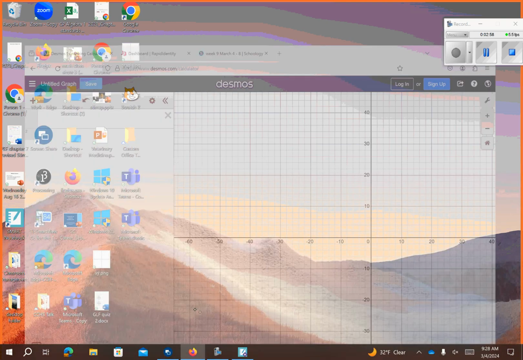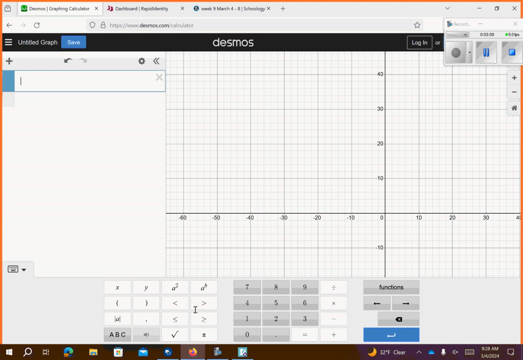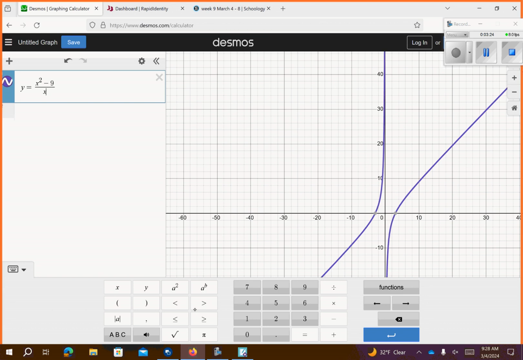So I'm going to go y equals fraction, so we're going to go x squared minus 9 on top and x minus 3 on the bottom. Okay. So again, it looks something like that.